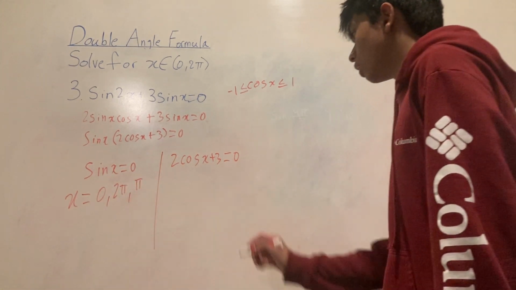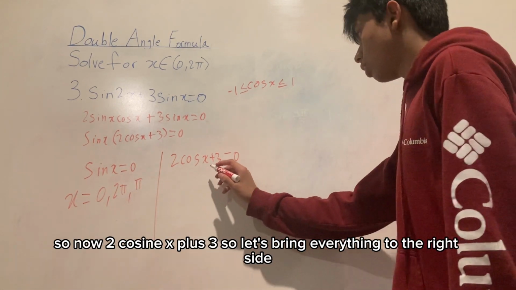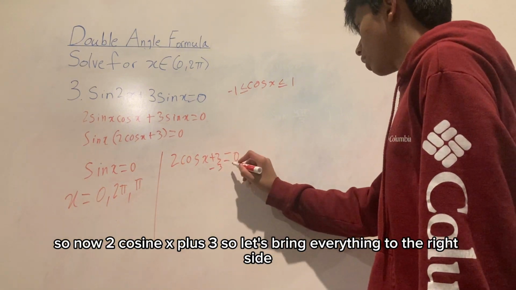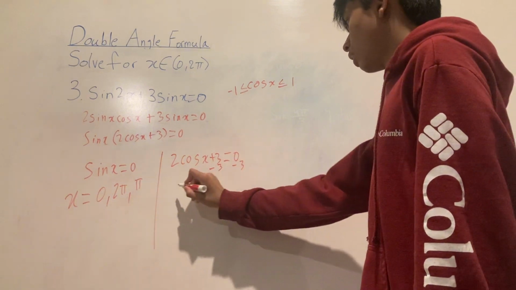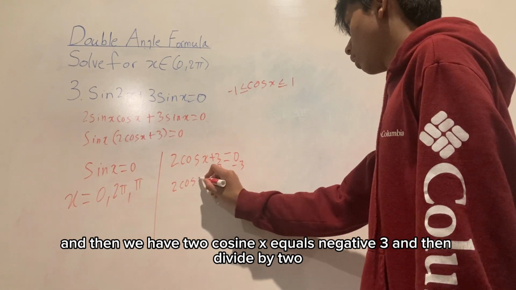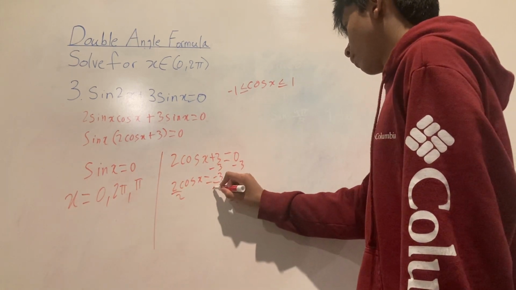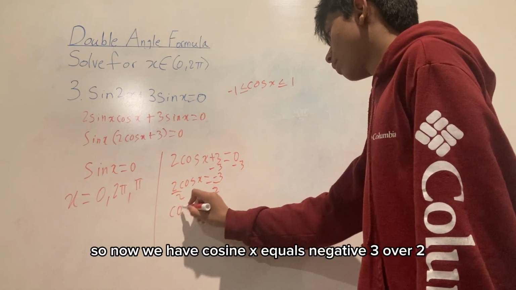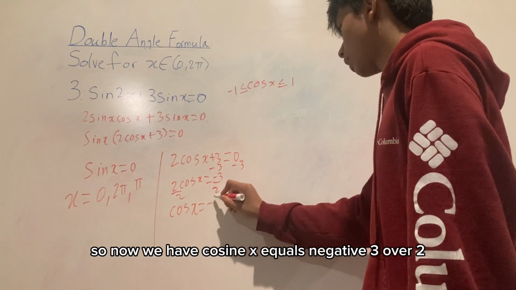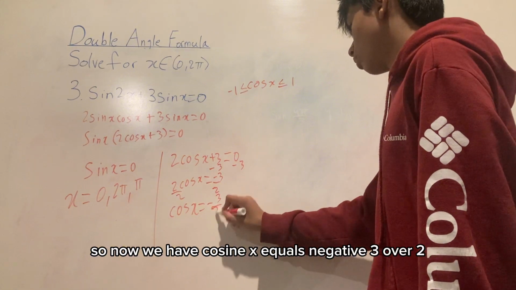So now 2 cosine x plus 3, let's bring everything to the right side. Then we have 2 cosine x equals negative 3, and then divide by 2. So now we have cosine x equals negative 3 over 2.